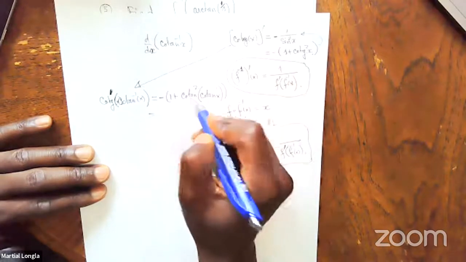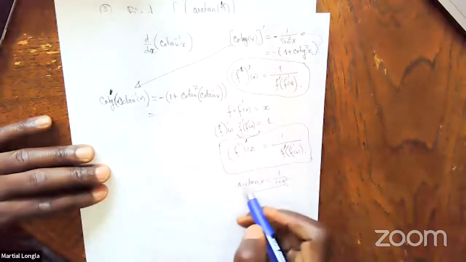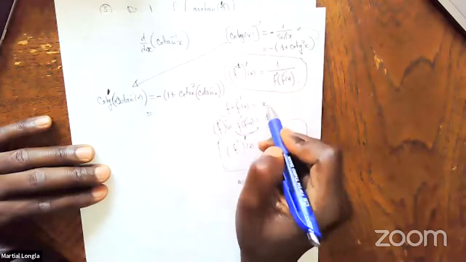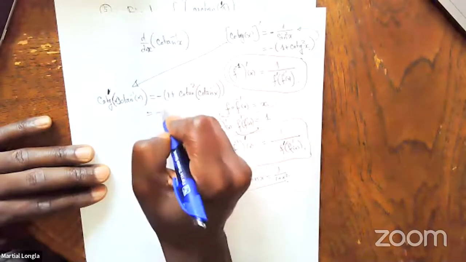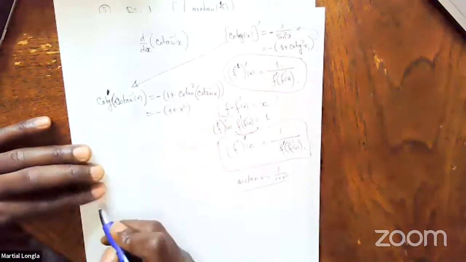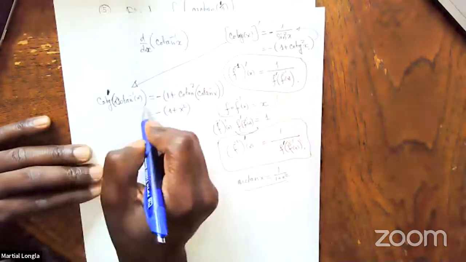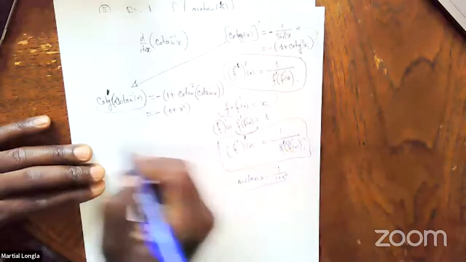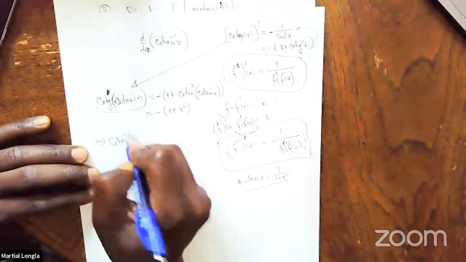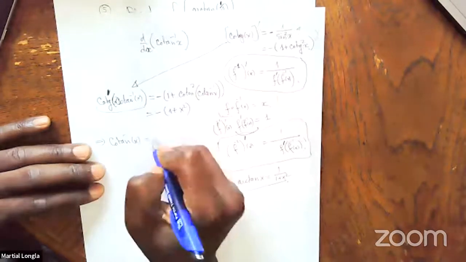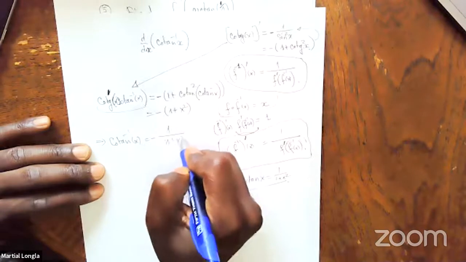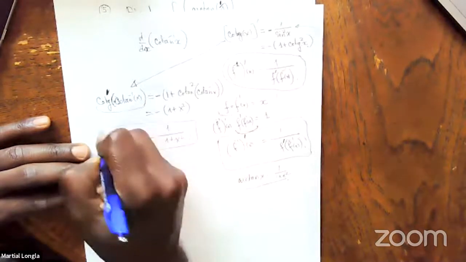And cotangent of cotangent minus 1, by definition, equals what is inside. So this is minus 1 plus x squared. And so this is the denominator of the derivative. And that leads to the derivative of cotangent minus 1 of x equals minus 1 over this. That's it. That's why it is true.